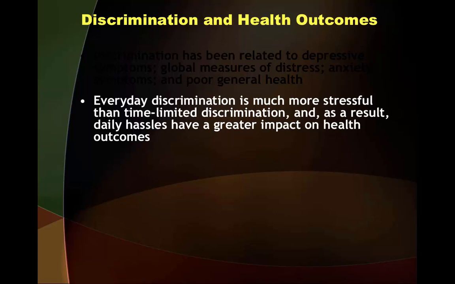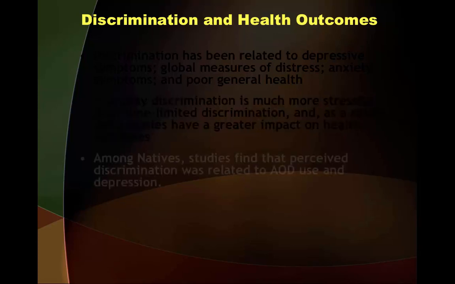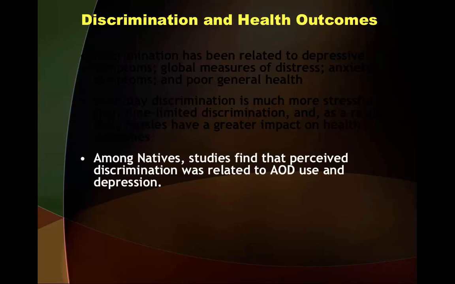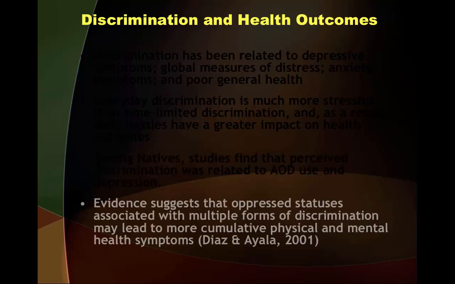experiencing ongoing daily discrimination. Among Native Americans, studies find that perceived discrimination was related to alcohol and other drug use and depression. So again, as we look at alcohol and other drug use, and we look at mental health and depression, it's important to understand that.